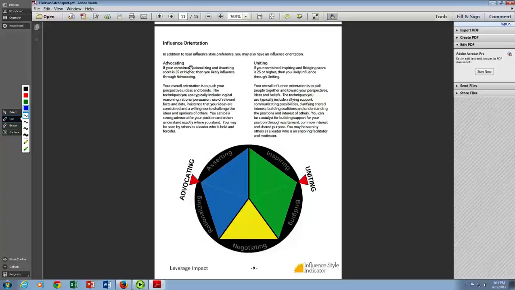What does that really mean? It means that if it's advocating, you rely heavily on pushing onto others your point of view, your perspective, your reason, your logic, in order to influence them.